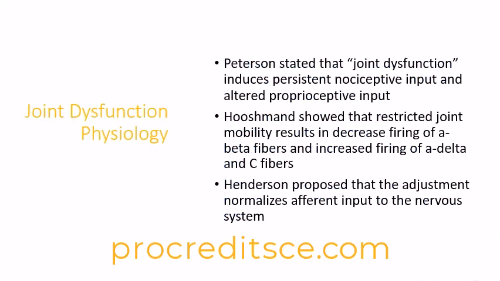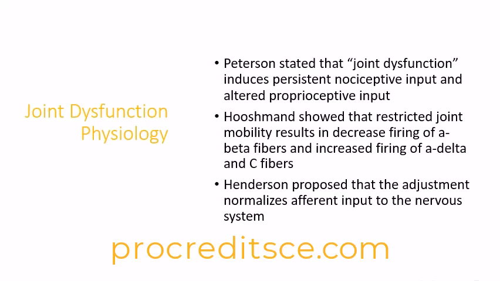The idea that increased mechanoreception decreases nociception and vice versa is apparent when looking at joint dysfunction physiology. Peterson stated that joint dysfunction, which could mean a subluxation, induces persistent nociceptive input and altered proprioceptive input. Proprioceptive input is also known as mechanoreception.